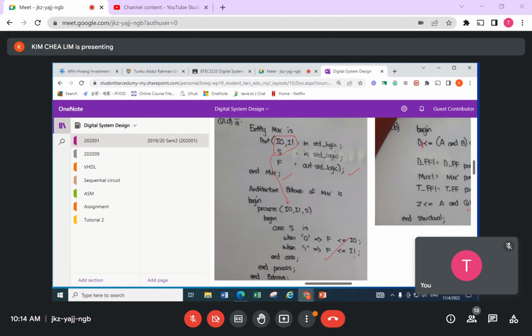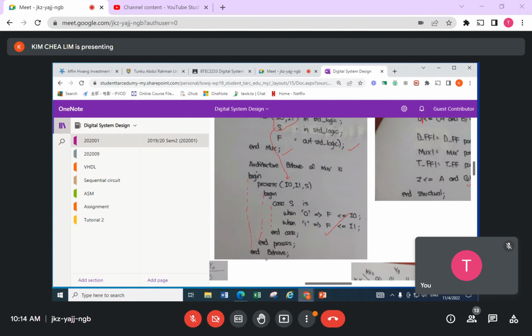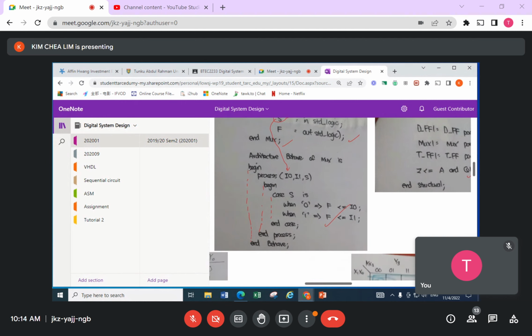All right, the case must end. This begin is for the process, then another begin for the architecture, so I end my architecture. Done for this part.